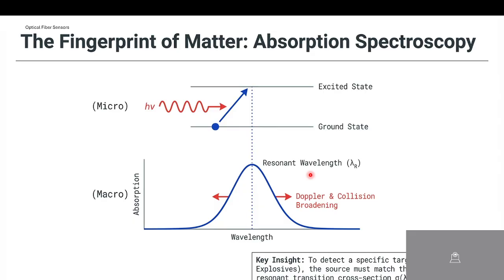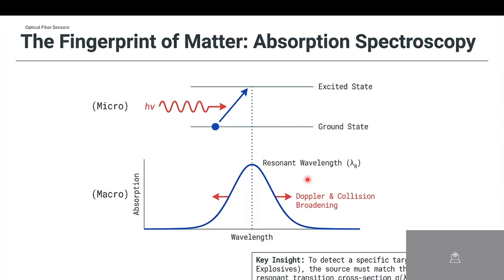So why is it so? Because of absorption spectroscopy, where the molecule absorbs the light and goes to the excited state, or to the higher electronic state, and because of that we get the resonant absorption wavelength.